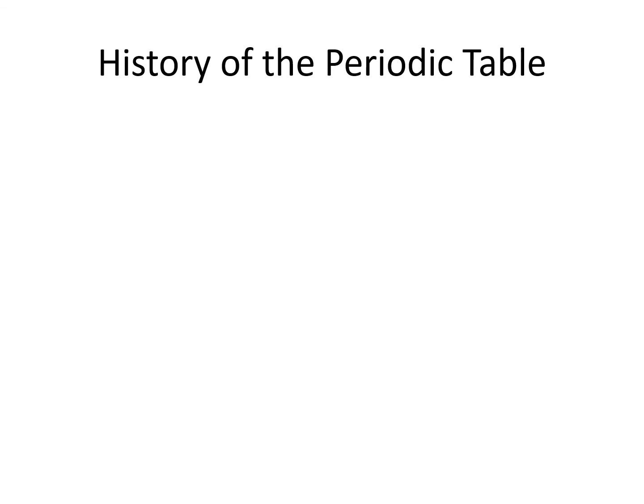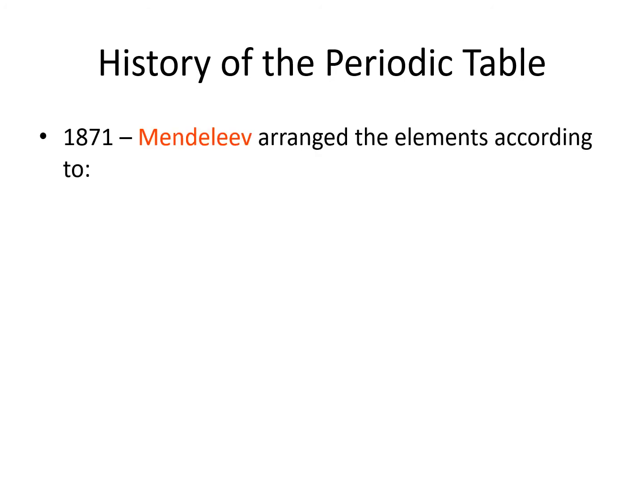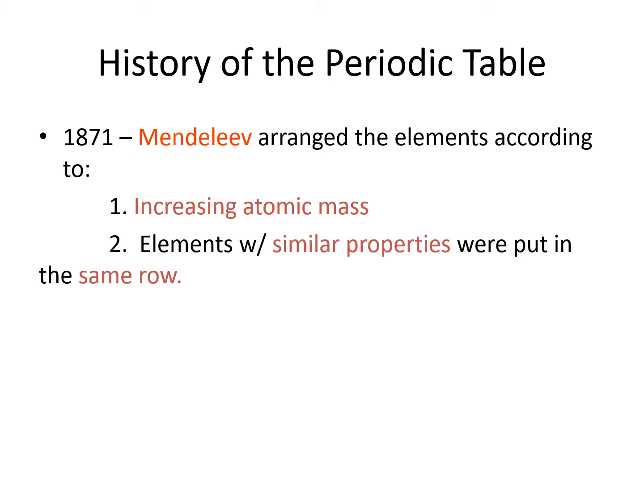Now we're going to take a closer look at the periodic table and some of the trends that are associated with its arrangement. But first we're going to talk about history. In 1871, Mendeleev arranged the elements known at that time, or that had been identified, in order of increasing atomic masses, from left to right.